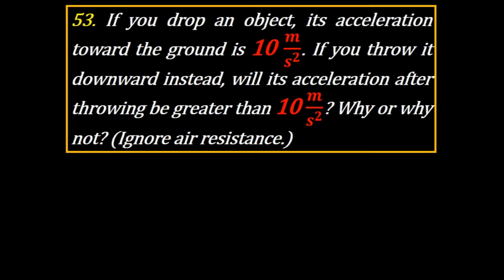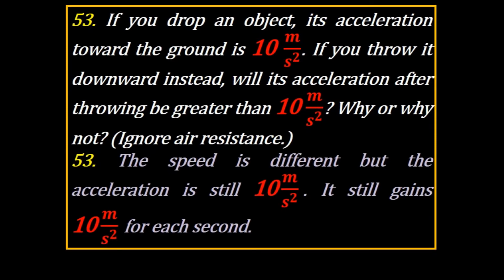With initial velocity, it's v naught t plus 1/2 g t squared, but the initial speed is different, while the acceleration is still 10 meters per second squared. It still gains 10 meters per second for each second. The acceleration is that.